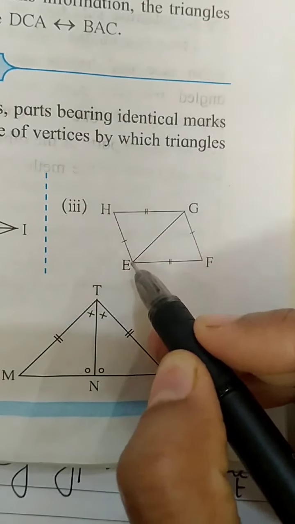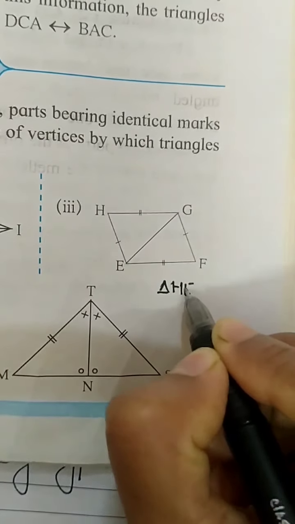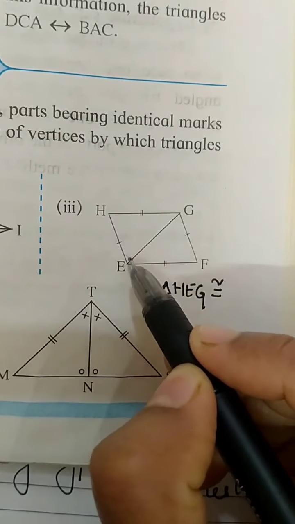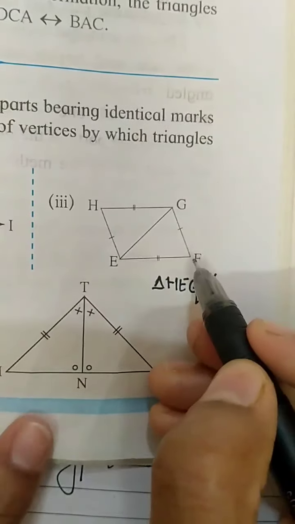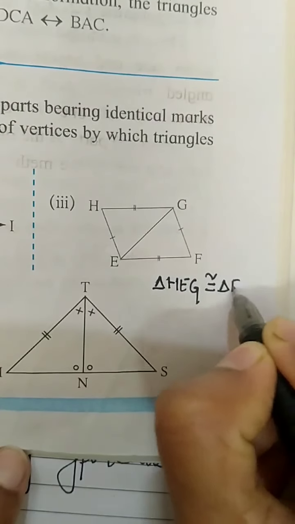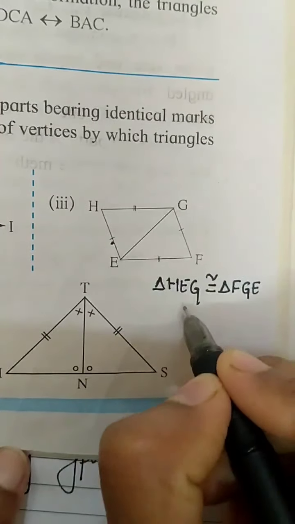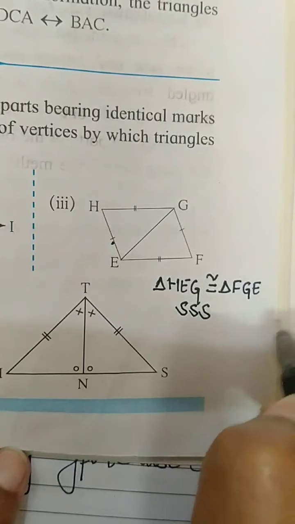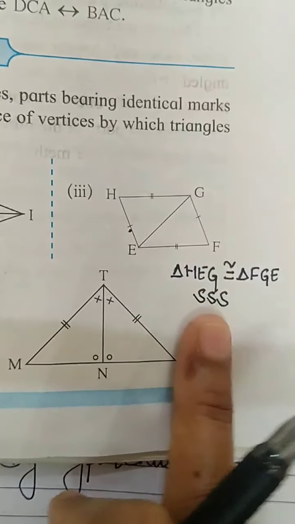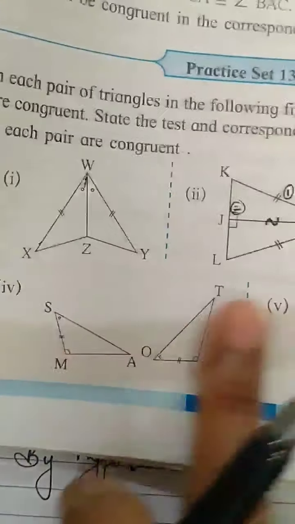So triangle HEG, same way I will name the second triangle, FGE, congruent to triangle HEG by which test? Side, side, and this is the common side, by SSS test of congruence. Write in complete sentence. No need to write the full form of the test. SSS test of congruence.